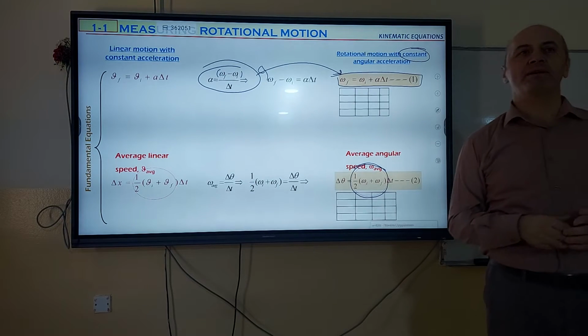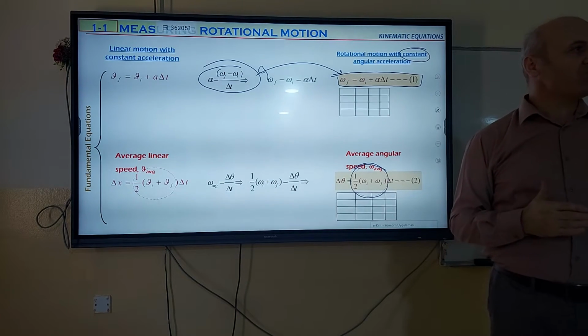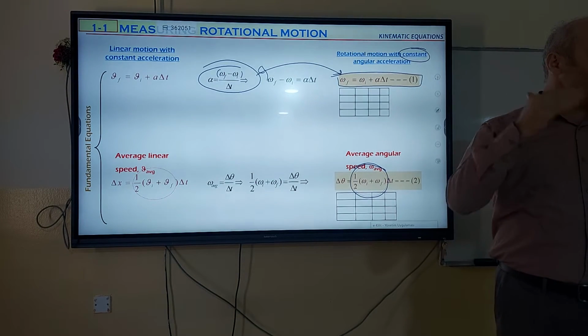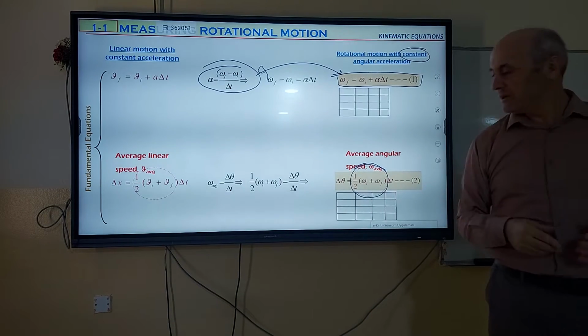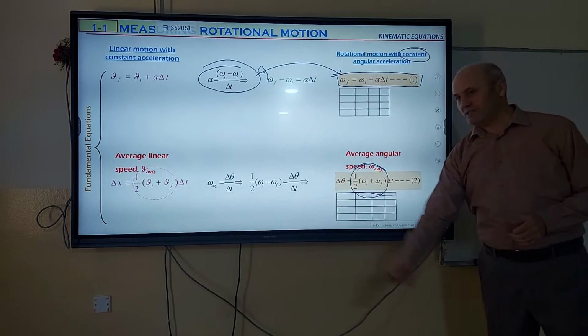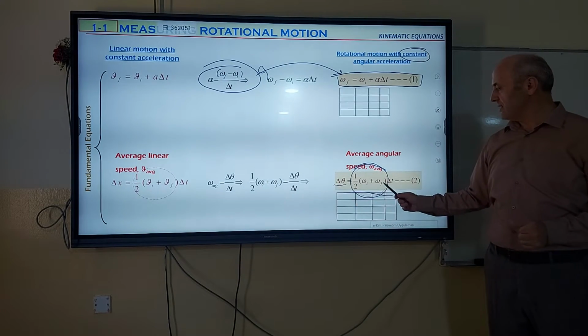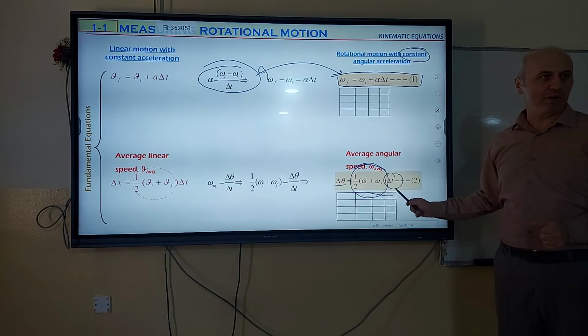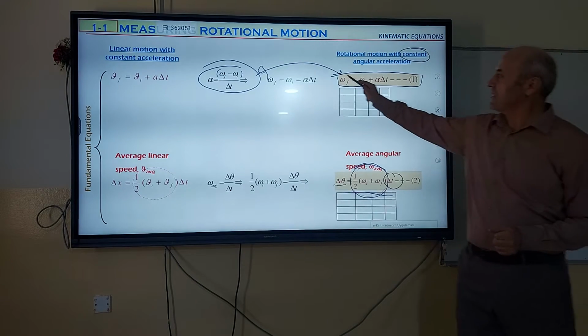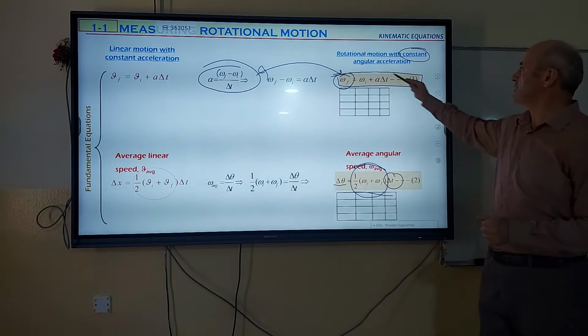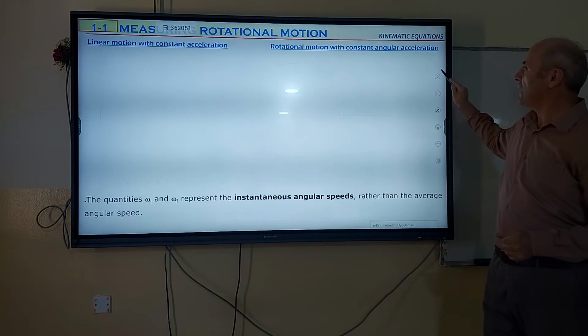Constant angular acceleration means angular speed should change regularly or uniformly. So this is the second equation, which calculates delta theta by using what variable? Delta t. This one calculates final angular speed in terms of delta theta.